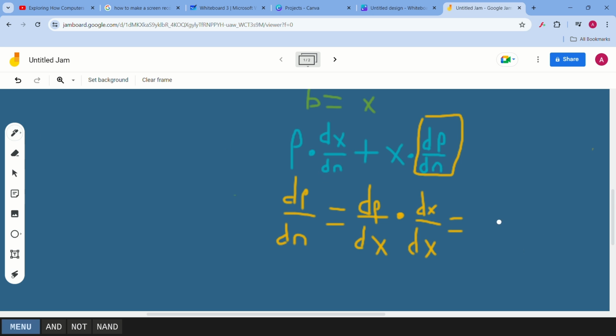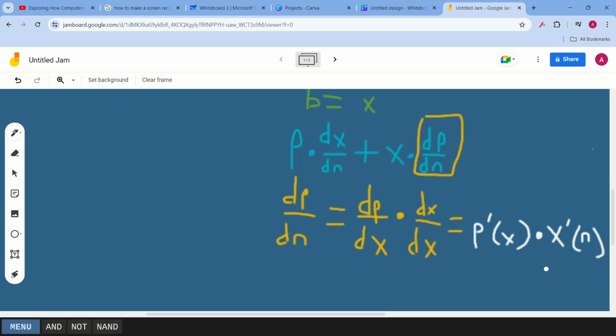We can express this as p prime of x, the derivative of p with respect to x, times x prime with respect to n.